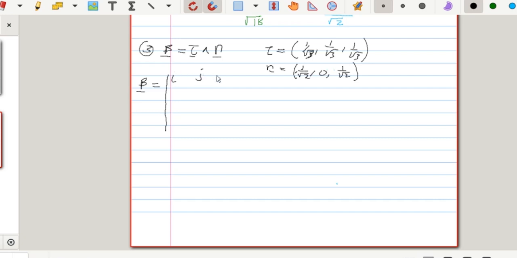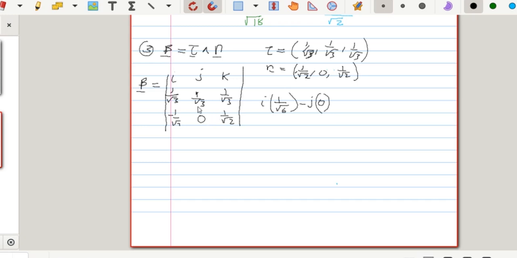So this implies that this is going to be the determinant of i, j, k, 1 over root 3, 1 over root 3, 1 over root 3, minus 1 over root 2, 0, 1 over root 2. So i will be this multiplying this, 1 over root 6, minus j will be this multiplying this minus this multiplying this, that is going to be 0.